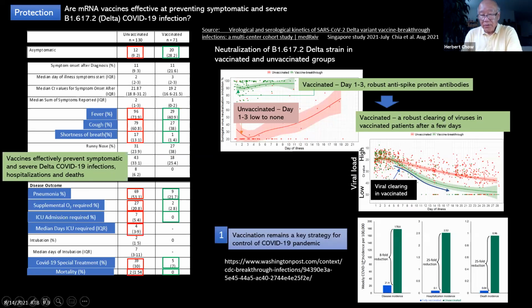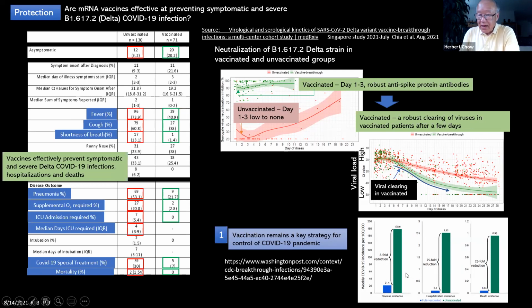If I borrow Dr. Walensky's CDC director's presentation, which was leaked to the public, and they actually disclosed to the Senate, the vaccines reduced the disease incidence by 8-fold, reduced the hospitalizations by 25-fold, and the deaths by 25-fold as well.